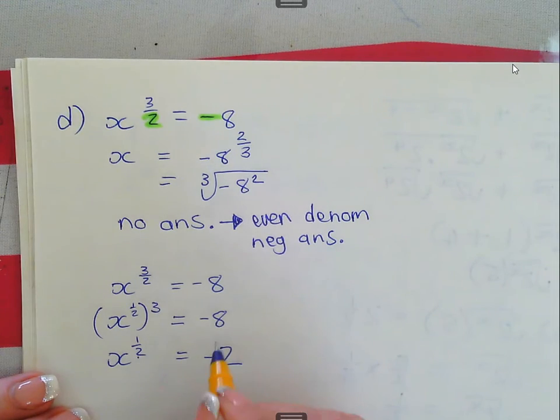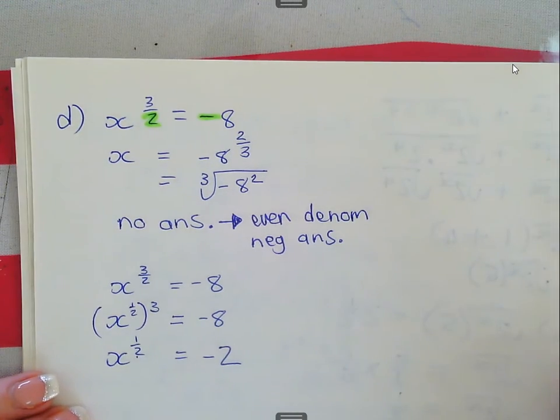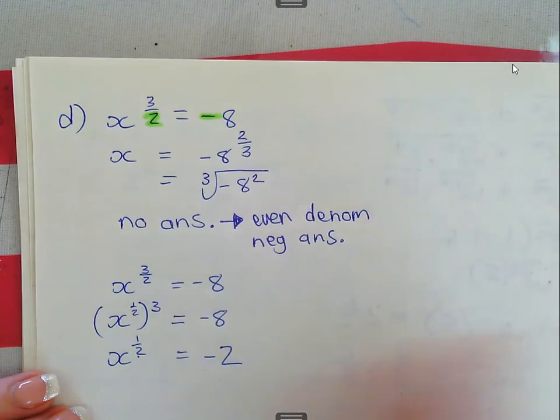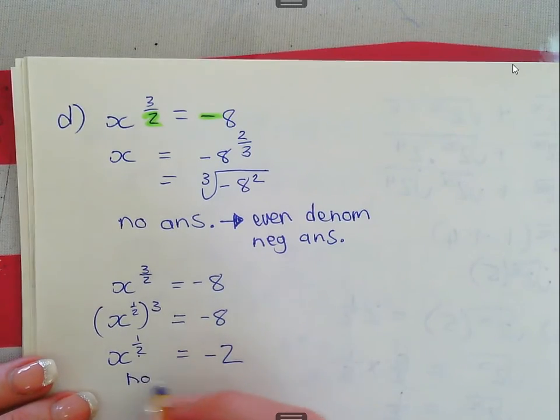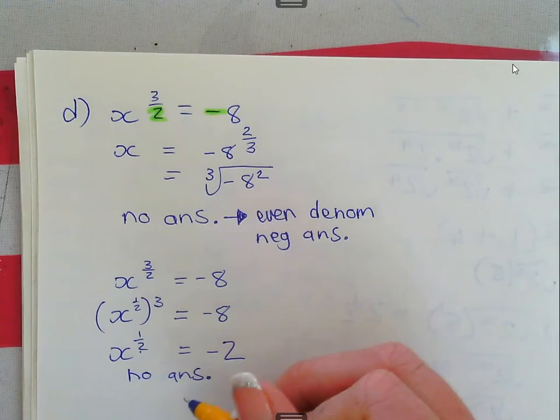A square root won't give you a negative answer in a sum. It will only give you a positive answer. So after this, then we'd say no answer.